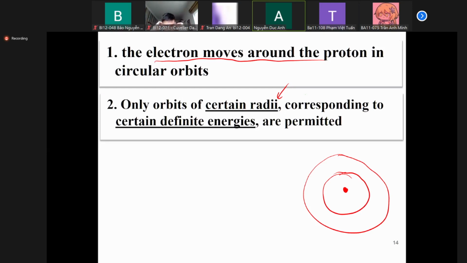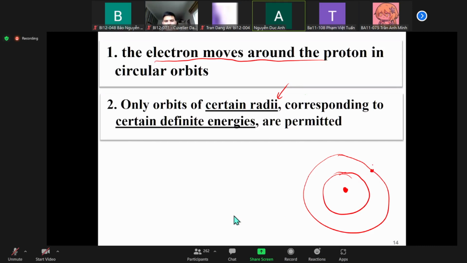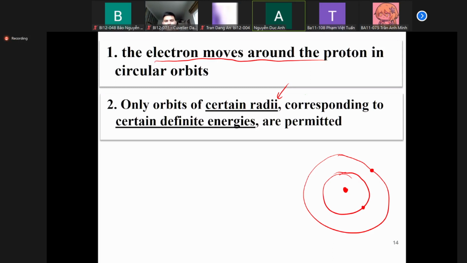So the energy to keep the electron moving at a higher distance from the nucleus is higher, because as the electron moves, the nucleus tries to hold the electron back. In the case of equilibrium, or balance like that, the energy of the electron on a higher or farther orbit should be bigger than the energy at the closer orbit. And if you have another electron on the same orbit, that electron will have the same energy.